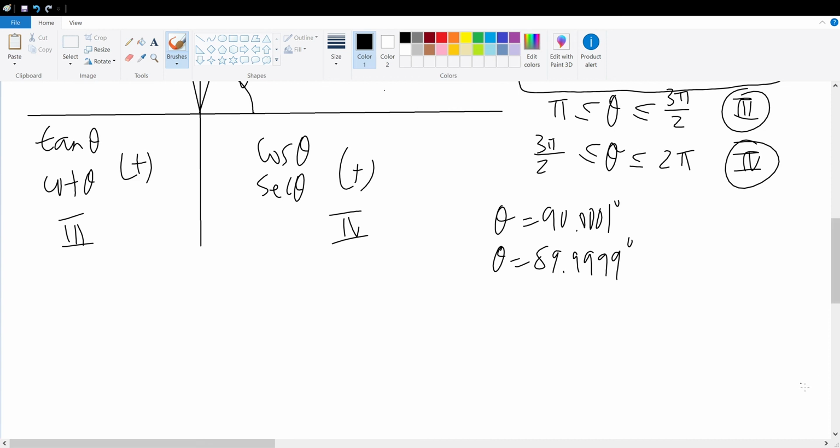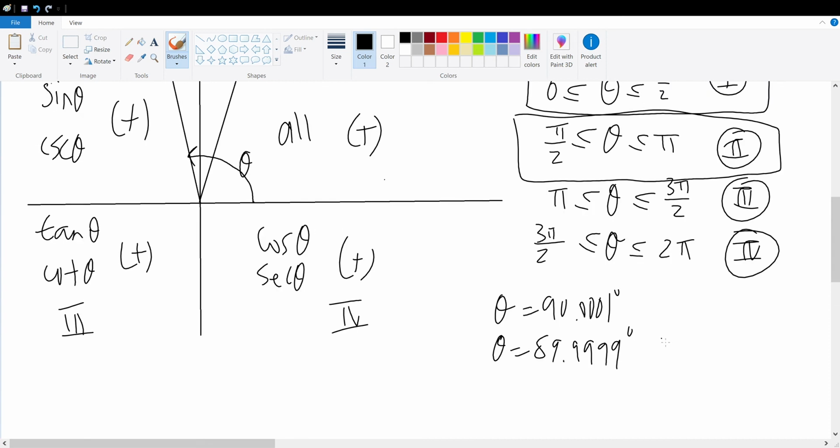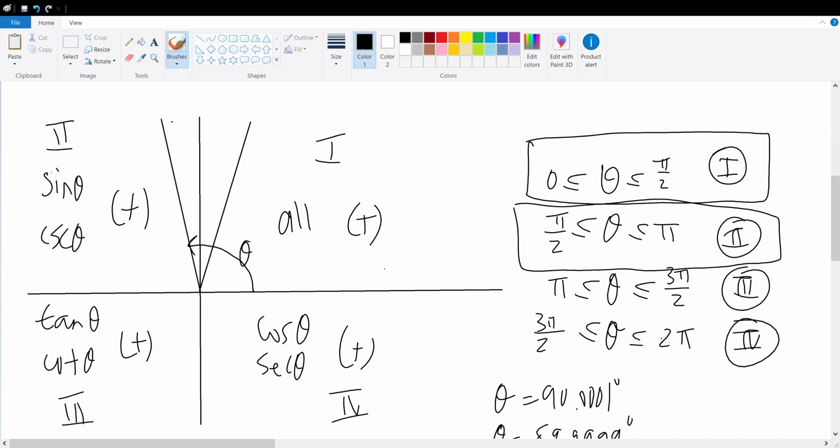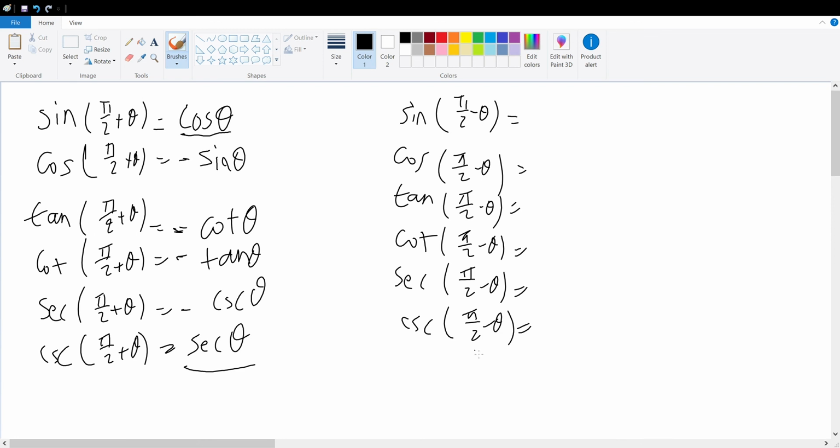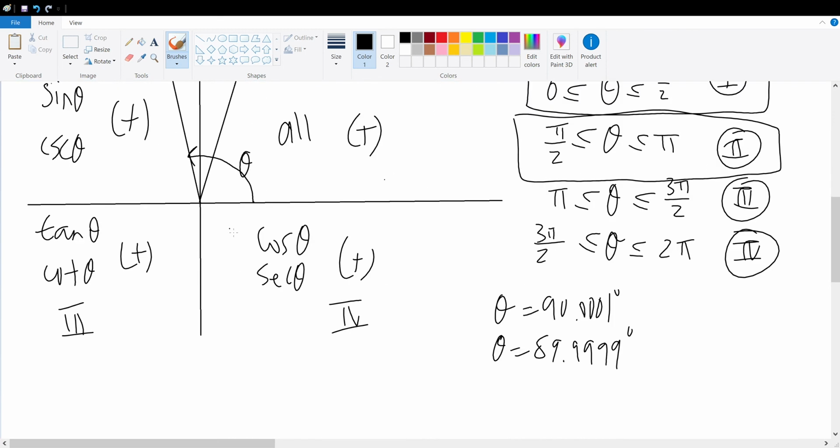That is an extremely small difference to 90 degrees, but yet 89.99999 degrees will result in an angle within the first quadrant. And as we all know, within the first quadrant, all of the 6 trigonometric functions will be positive. Therefore, we do not have to put any negative symbols in front of any of the 6 trigonometric function results.